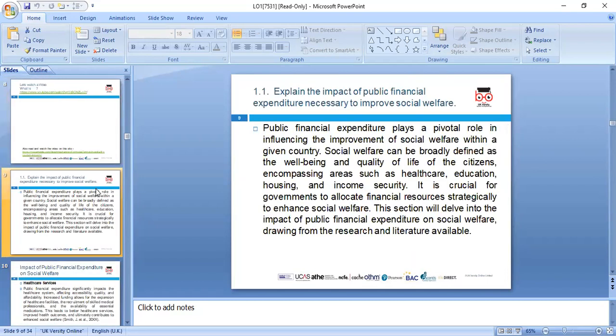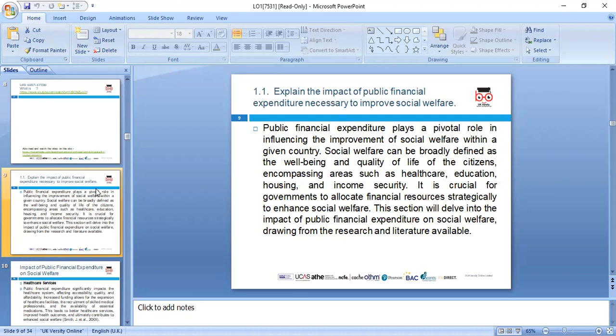Let's first explain the impact of public finance expenditure, especially on improving social welfare. Public financial expenditure plays a pivotal role in influencing the improvement of social welfare within a given country.